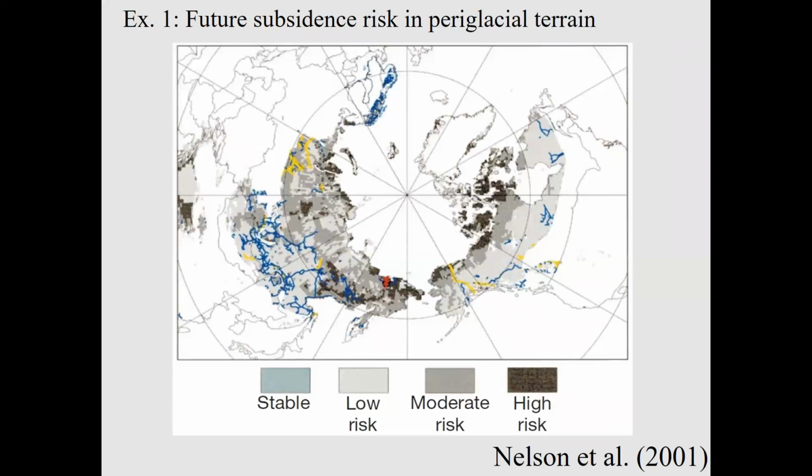This is an example of a soft prediction in the sense that these modelers are not trying to predict the exact value, in units of length, of subsidence as a function of time.